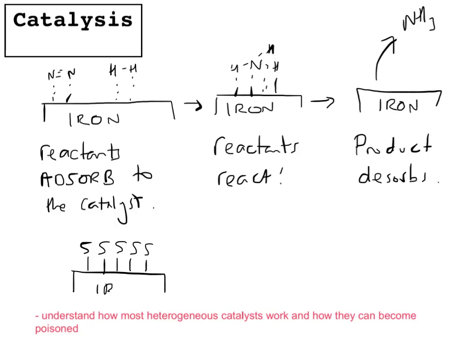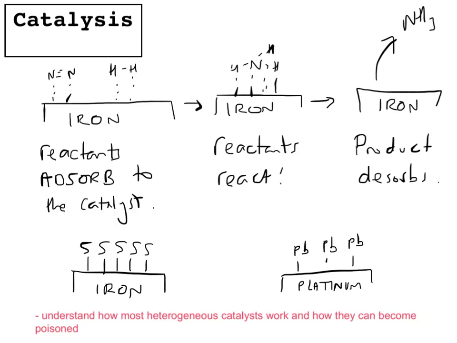So that's for the iron. The sulfur is the poison. And for the catalytic converter, lead is the poison. So for the platinum in the catalytic converter, lead can stick too strongly or adsorb too strongly to the platinum and not be removed.